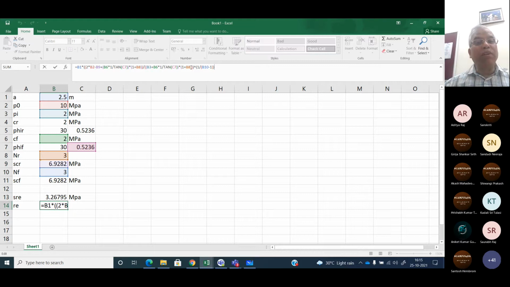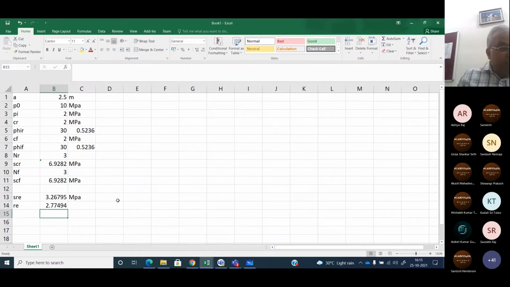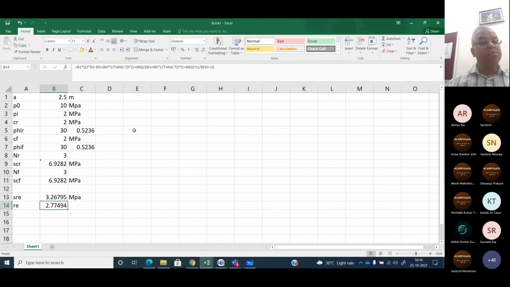This entire thing multiplied by 1 plus this, to the power 1 by NF minus 1. This looks fine, but Re is saying 2.77, and somehow I got 3.139 before. In the book it is saying 5.429. That is clearly wrong. That was not correct. Just a minute, let me just check.